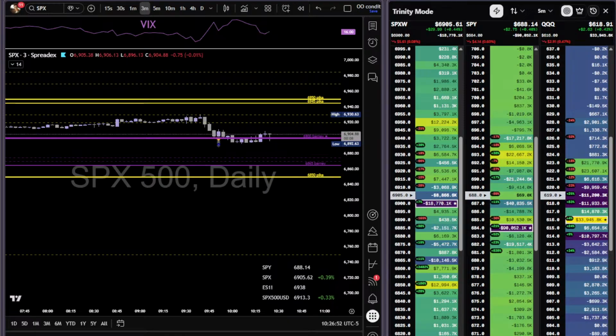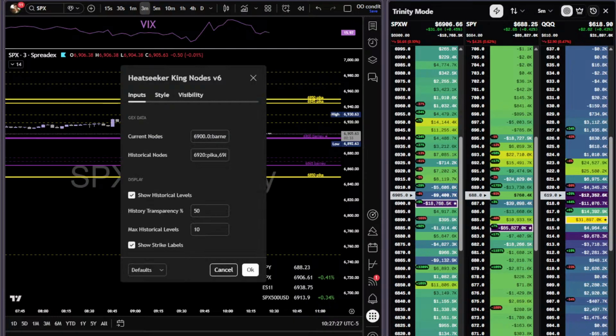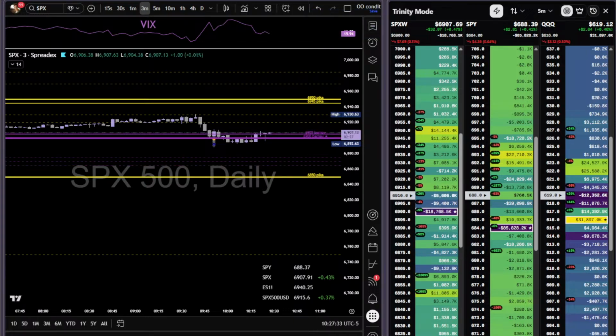See if we can get through 20 up through 21. Alright, let's go. Rock and roll straight up. Alright, looking good. Let's go.